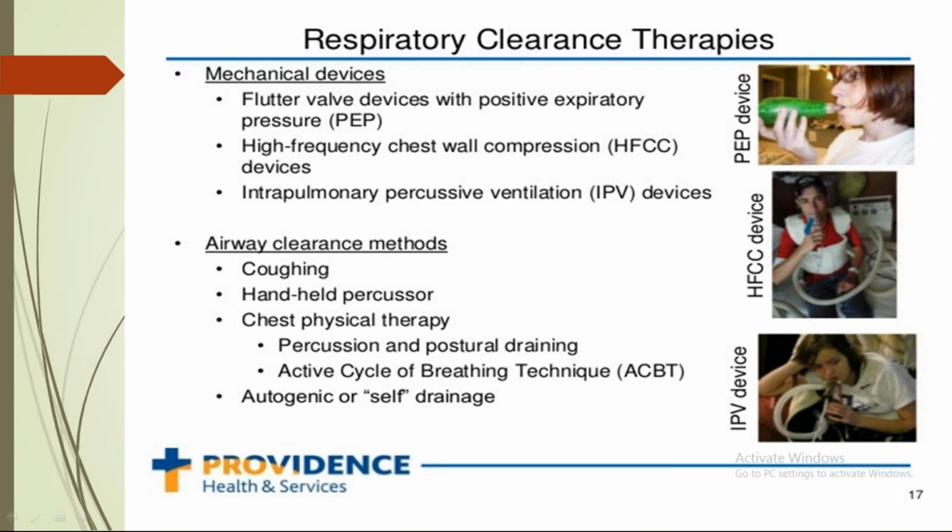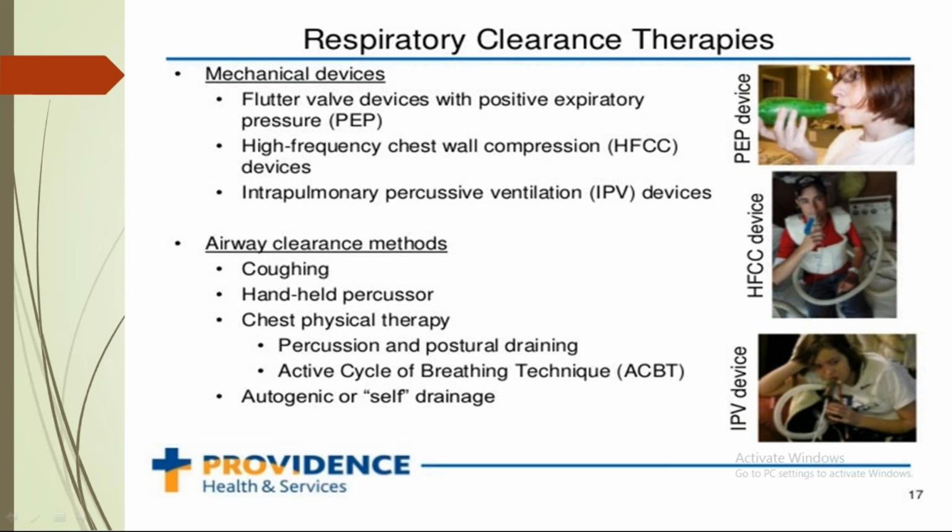Natural airway clearance methods: coughing, or we'll go for handheld percussion or chest physiotherapy. Chest physiotherapy again includes postural drainage. As we have discussed in the previous class for bronchiectasis, different positions for postural drainage, the same postural drainage techniques are used for patients with cystic fibrosis. And another technique is percussion.